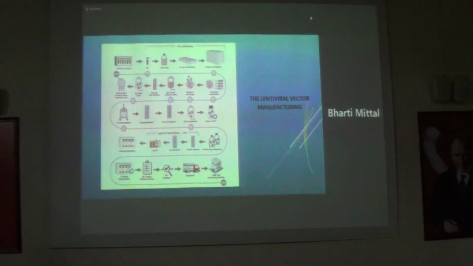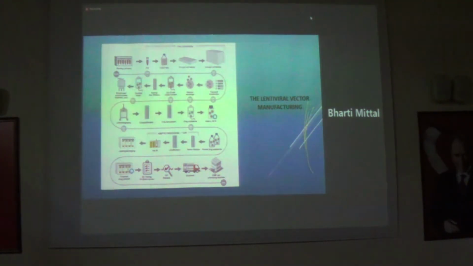We take the master cell bank, expand it, and follow all these processes, and then these peptides can be transfected with these vectors so that all these epitopes, these targets, are incorporated into the vectors. Now these vectors are ready. All of this happens in the GMP cell facility.